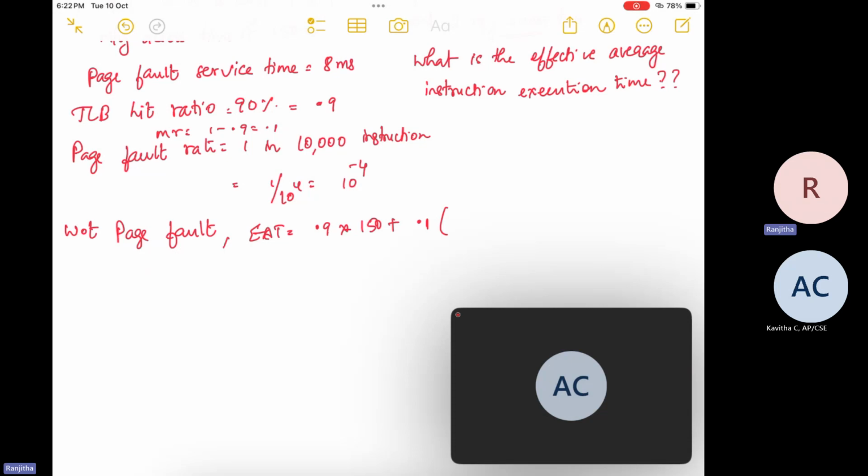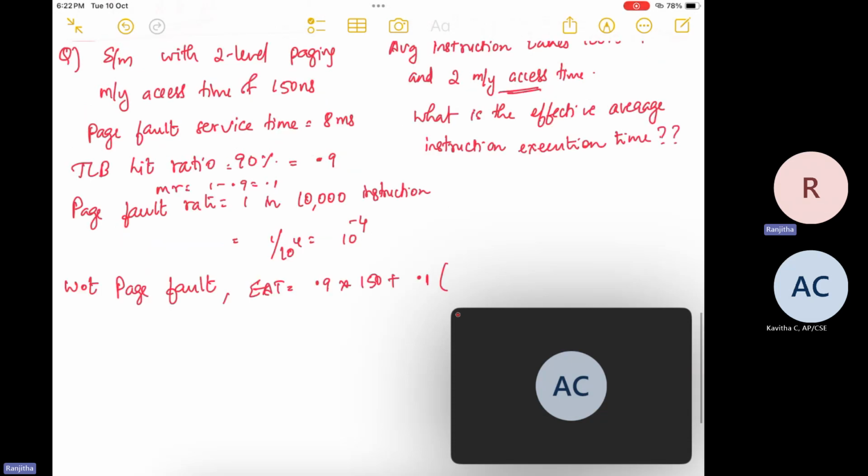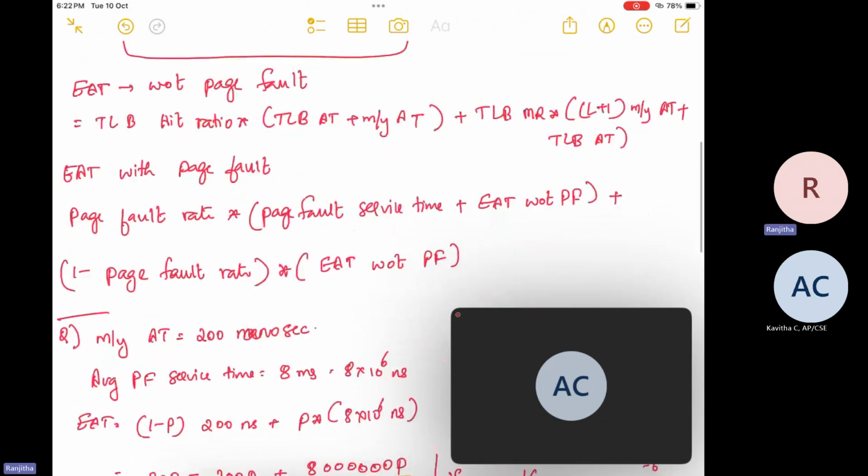Since it's a two level, this is the formula we are using: TLB hit ratio into TLB access time plus memory access time. Since TLB access time is not mentioned in the question, we will assume it to be 0. So TLB hit ratio 0.9 into memory access time, given as 150 nanosecond.